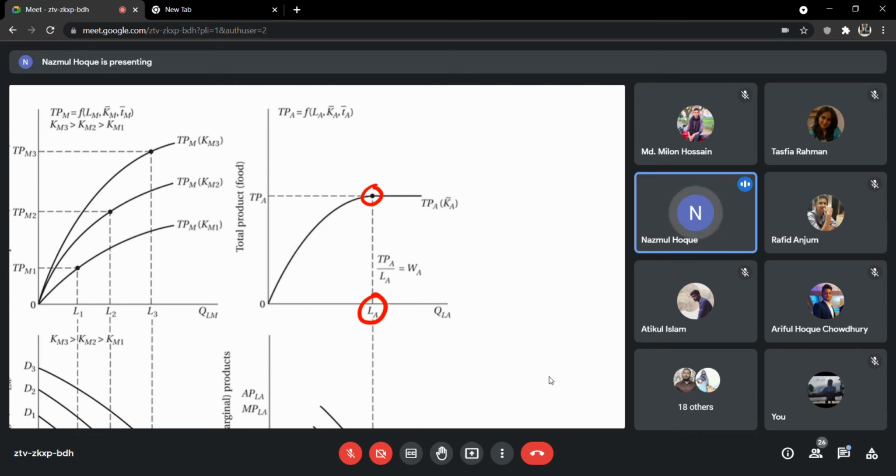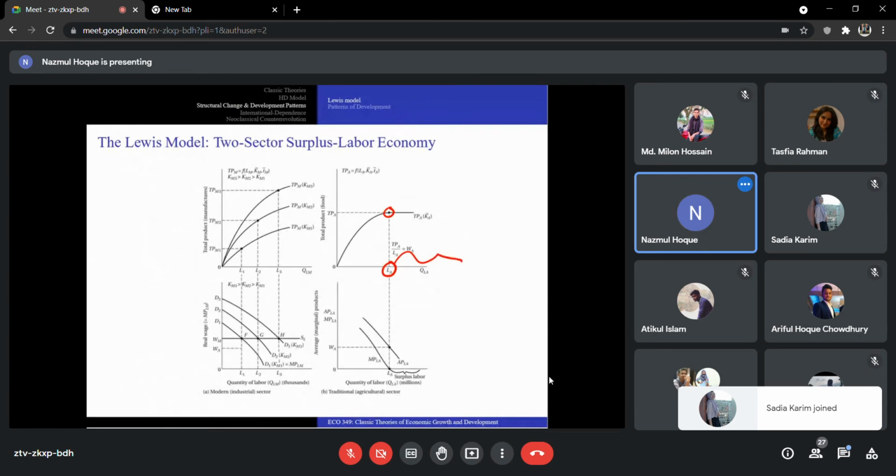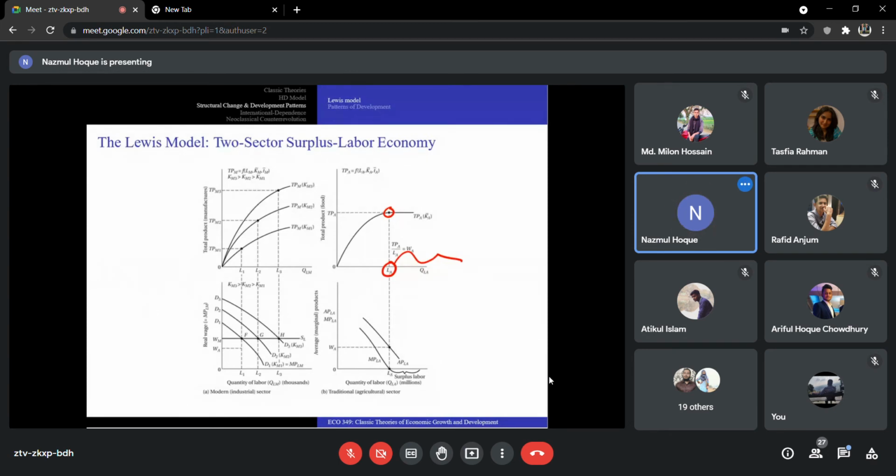So you can hire these workers as long as wages are higher in the urban sector. So we are basically plotting the marginal and average product curves based on this total product function in the lower panel.